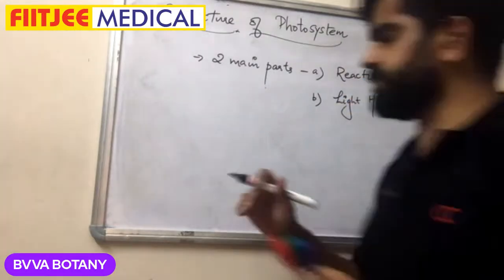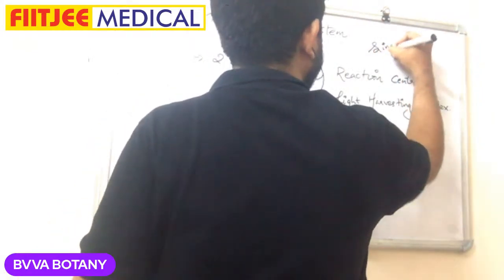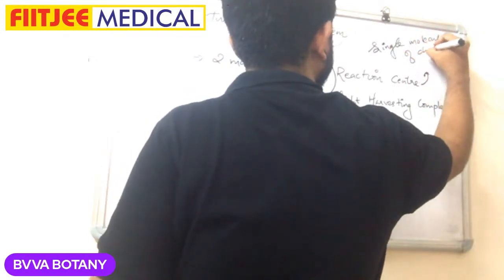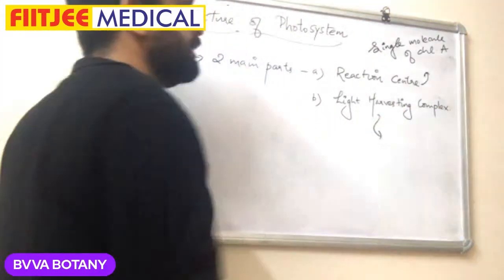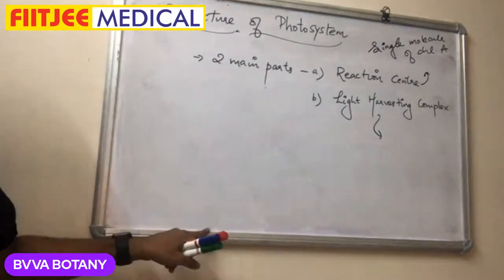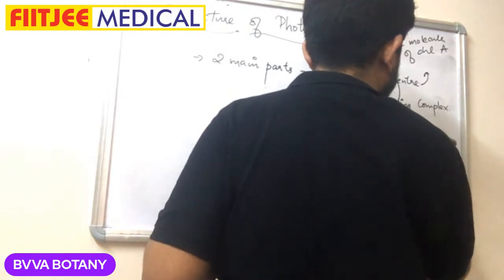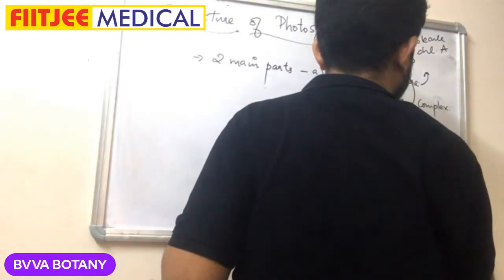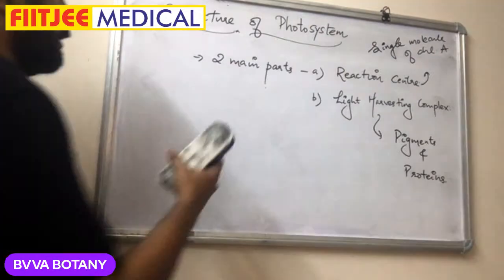The reaction center consists of a single molecule of chlorophyll a, and the light harvesting complex consists of other pigments and proteins. Okay, so we will draw a diagram of a photosystem.